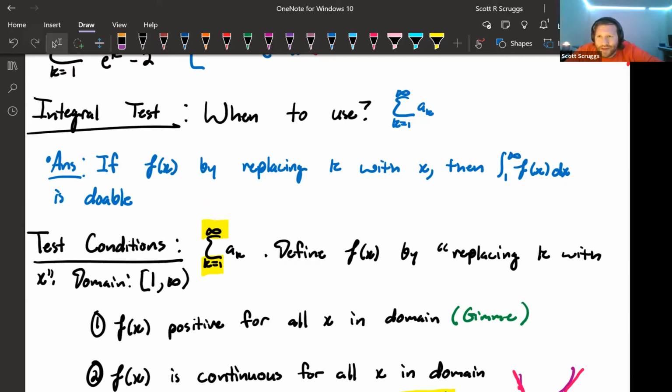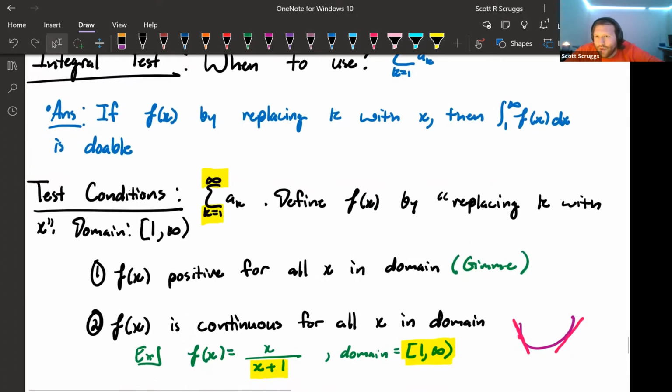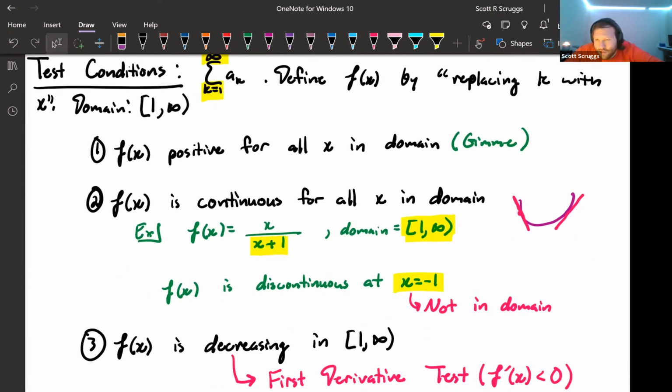All we have to do is use basic tricks that we learned throughout the course in order to evaluate that. Only then would I say, okay, maybe the integral test could be doable and useful here. But I would need to check these three conditions are satisfied in order to do that.